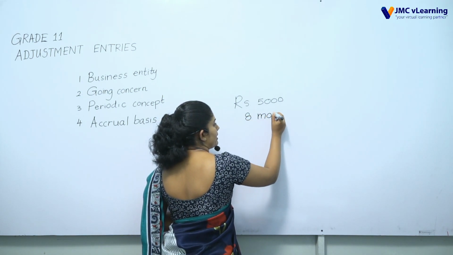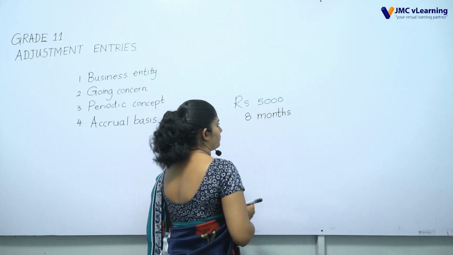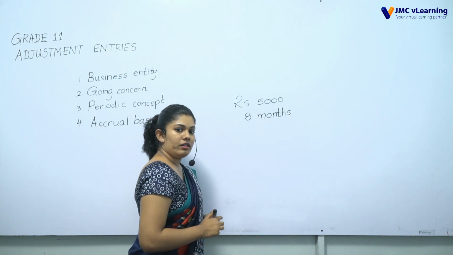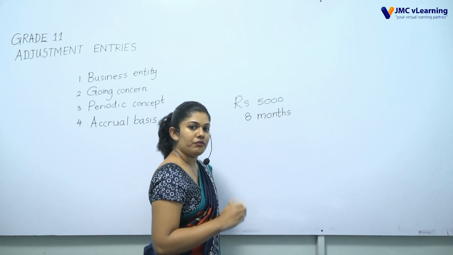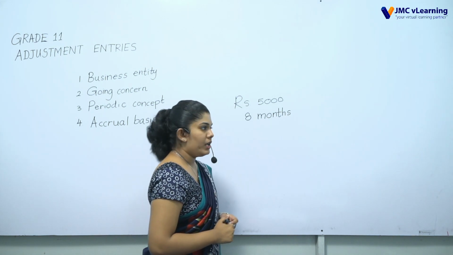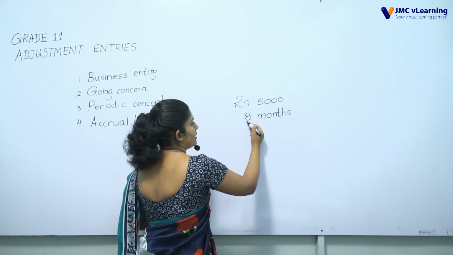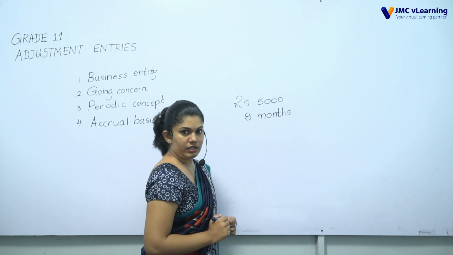That means interest we receive only for 8 months, and we didn't get it for 2 months. We have to get it, but we didn't get it yet. So, 8 months, 5,000, we received 40,000.